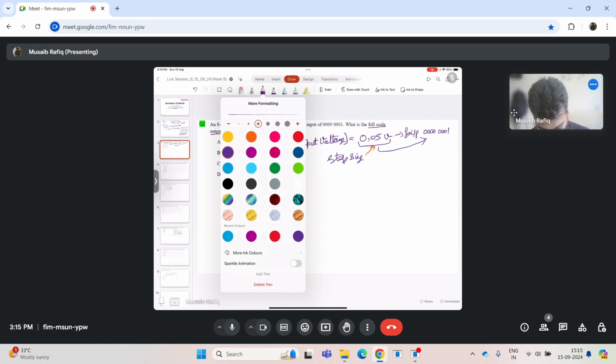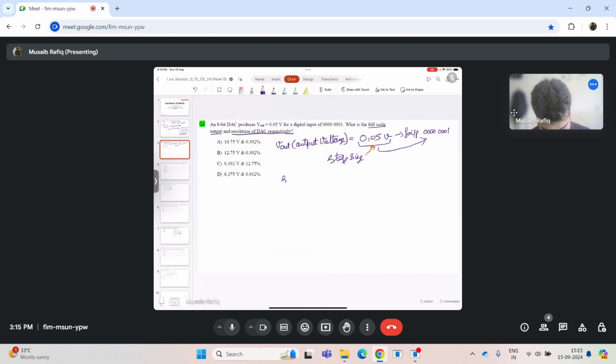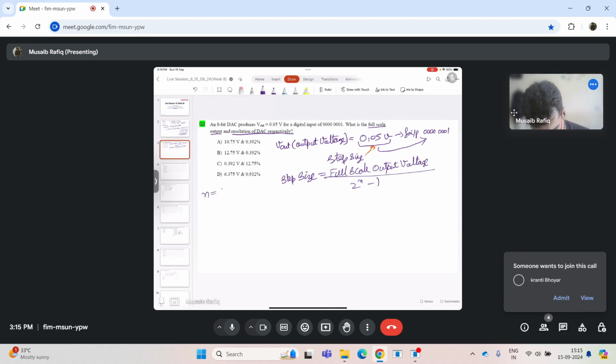So my step size of a DAC is equal to full scale output voltage divided by 2 raised power n minus 1, and here n is your 8.